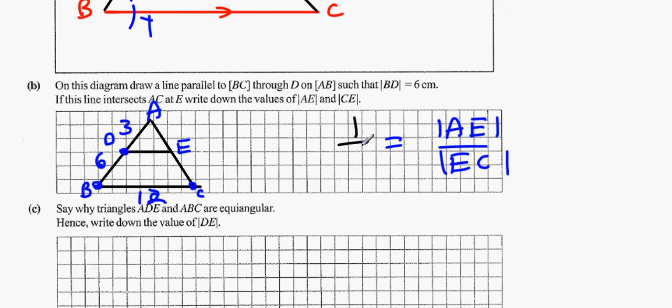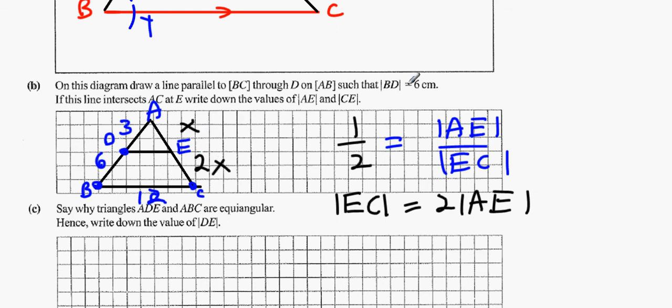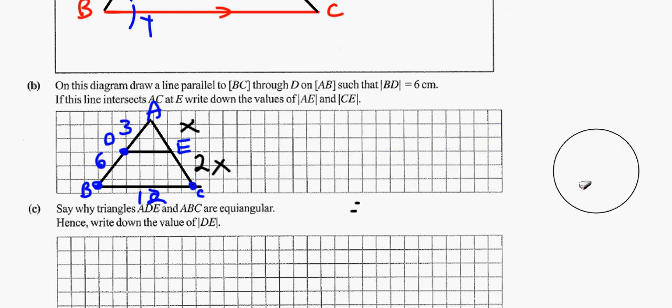So what this means is that EC equals 2AE. So EC is twice AE. So if you imagine this here is going to be 2x and this is x. Add them together and you get 3x. So you know that the 10.5 is broken up into 2 different parts.